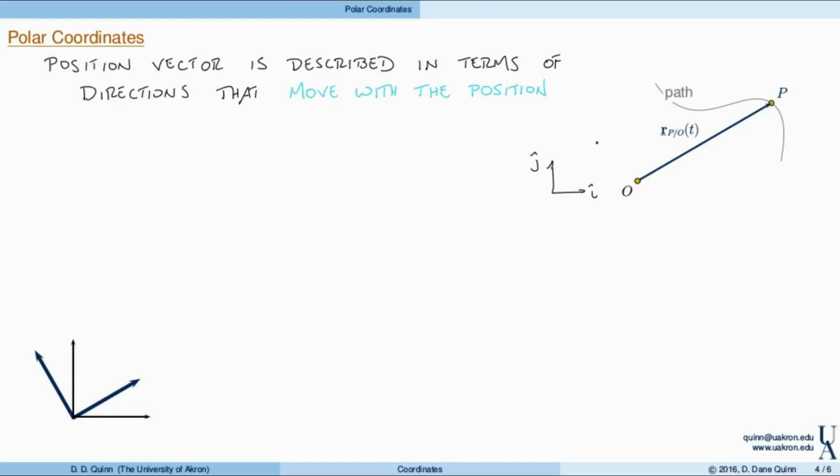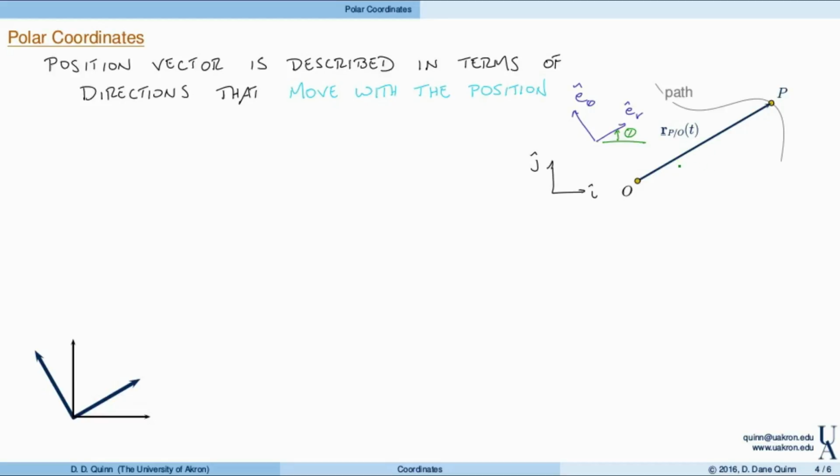But then let's look at, say, a direction ER that is along the position vector and E theta that's perpendicular. And then we'll measure the angle theta between the horizontal and ER.